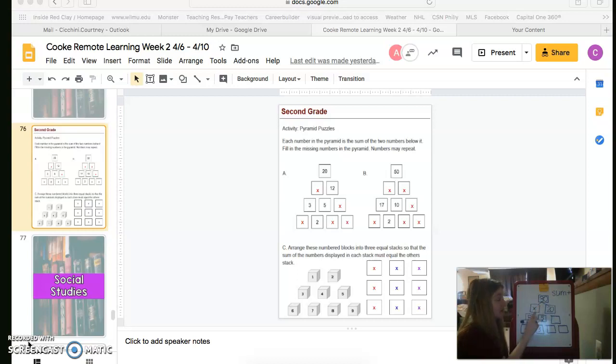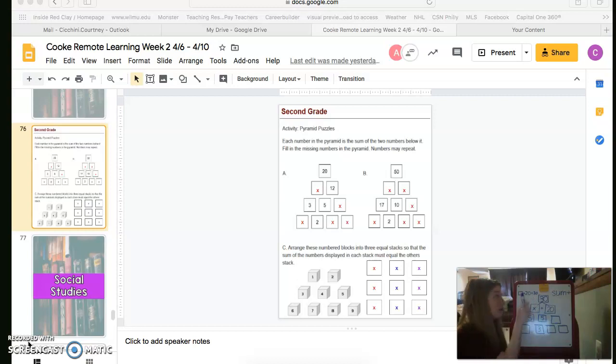So I have to think, what number plus 20 will give me the answer of 30. So I could write unknown plus 20 equals 30. And then I have to solve that. Blank plus 20 equals 30.